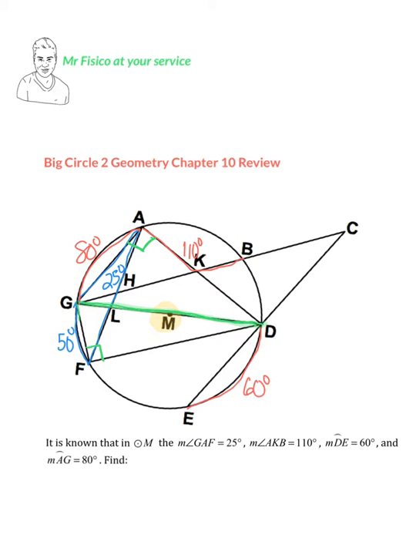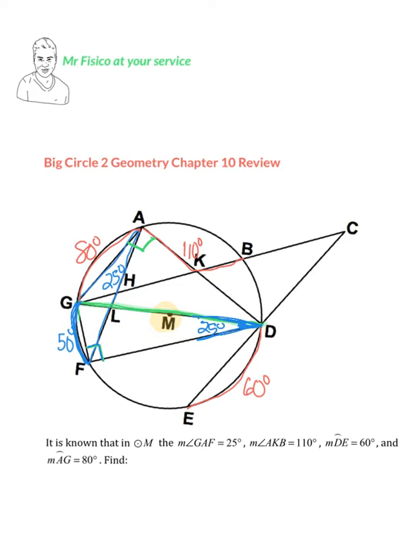Furthermore, since arc GF is 50 degrees, the associated angle is also 25 degrees, because this is an inscribed angle and it intercepts arc GF, and half of 50 degrees is 25 degrees.